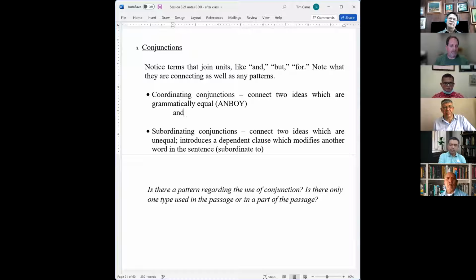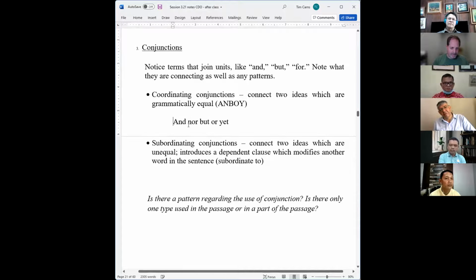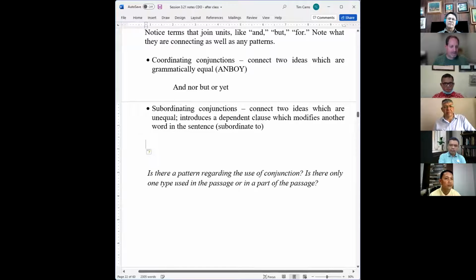You can remember from way back when the coordinating conjunctions are the and boy: and, nor, but, or, and yet, and they connect two ideas that are grammatically equal. And then we have the subordinating conjunctions, which connect two ideas which are not grammatically equal.